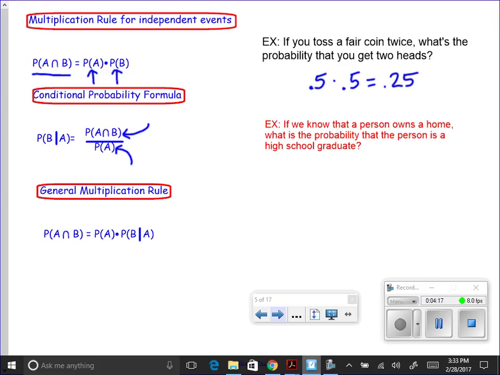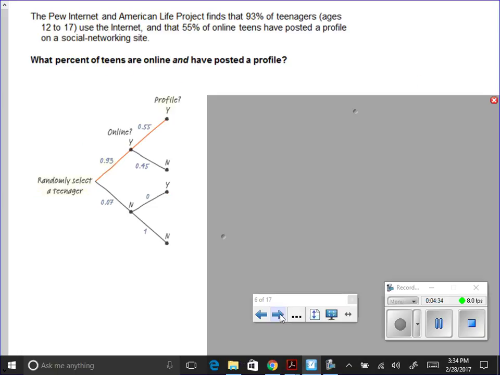The last formula is for when A and B are not independent. When we're trying to find A and B, we multiply the probability of A times the probability of B given A. An example of that is on this next page.